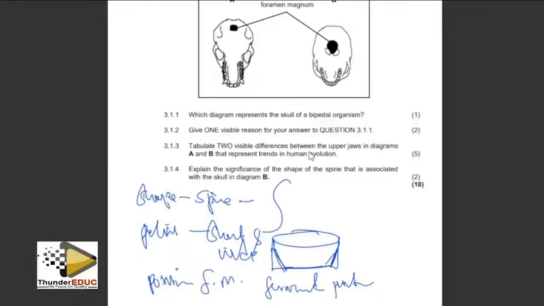So when you are talking about the brain or the cranium, you have to talk about compared to the body size. Please, when you compare them, you compare it with the body size. I think I'm clear there.